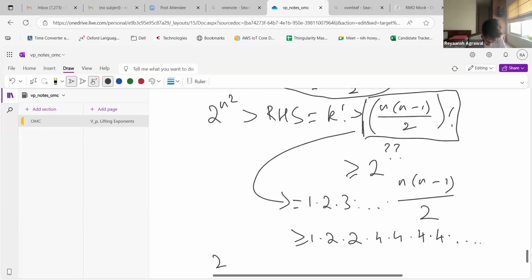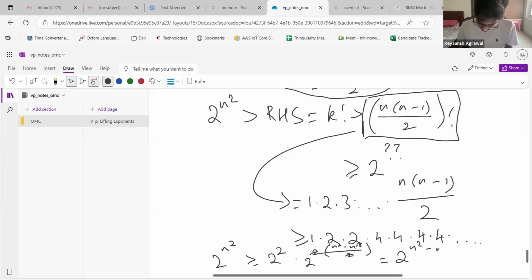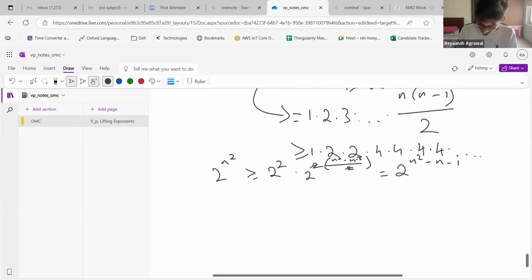This is 2 power n square greater than or equal to 2 square into 2 to the power 2 times what? n square minus n by 3 minus 3 by 2, which is 2 power n square minus n minus 1. That's obviously true, right? So we'll need a better bound. After this, what can we do?